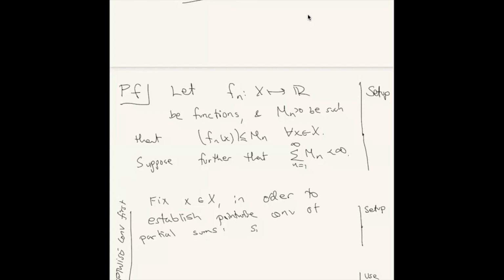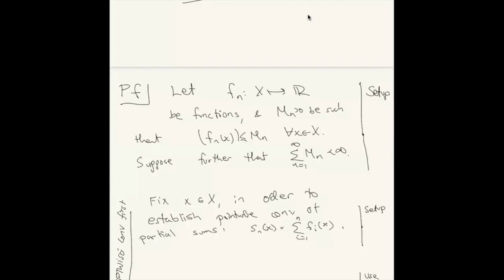So S_N(x) equals, and I want to put a different index here because we'll need the capital N for the Cauchy condition. So S_n(x) is the sum, and I'll change the index of summation to i just so that I can use the n on top. Okay, so we have this sequence of partial sums.